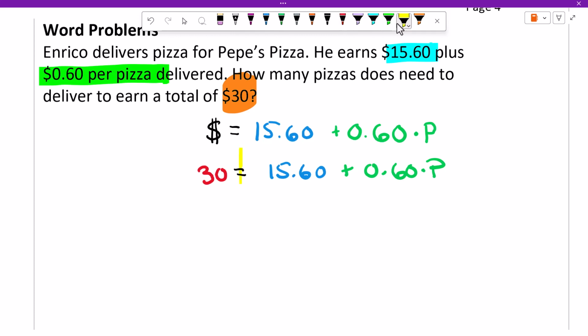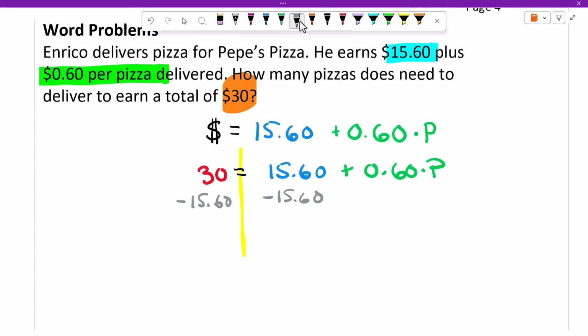So we split at the equal sign. We want to figure out how many pizzas he needs to deliver. Cover up the side that doesn't have the letter. Which number do we try to get rid of first? 15.60. And is it adding or subtracting to get rid of it? Subtracting. So we subtract 15.60 here and 15.60 here, and those cancel out.